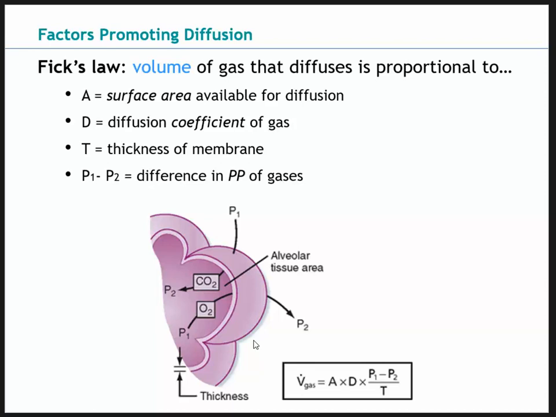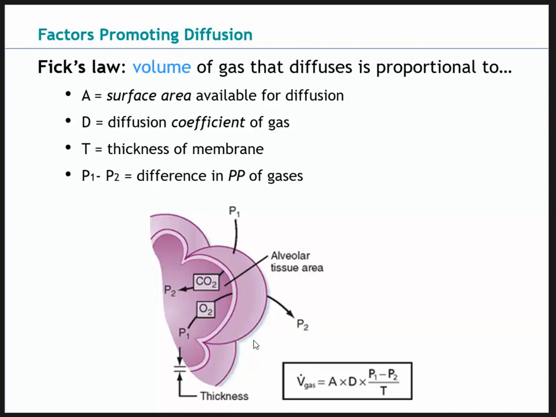This is basically the magnitude of movement through a surface area per unit of concentration gradient out of a plane. I know that's a very technical definition. All you need to know about the diffusion coefficient is that it's the ease at which gas flows, or the mobility of a gas.